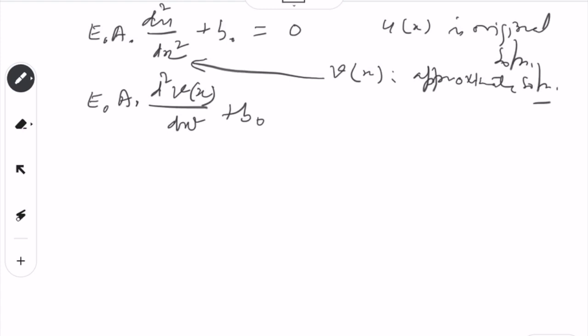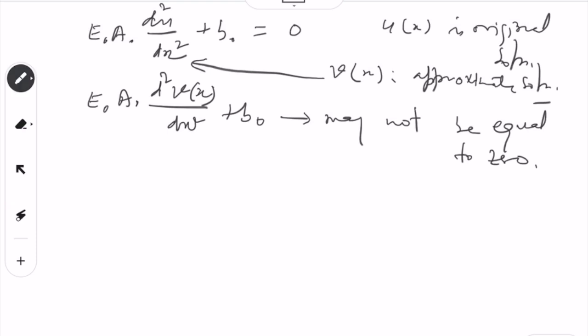For example, if you have a linear fit for V(x), then this term becomes 0, so everything becomes 0 and you have the b naught here. So this will not be equal to 0, right. So we call it the residual.